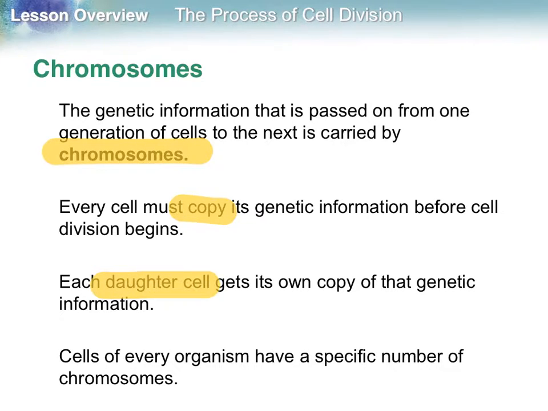Each daughter cell, the resulting copy of cell division, has an exact copy of the genetic information that the parent cell, the original cell, has. And every organism has a specific number of chromosomes that differs from one organism to the next.